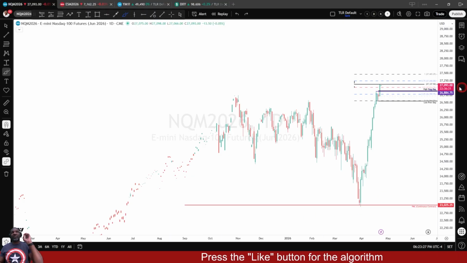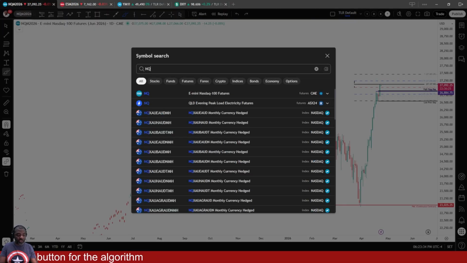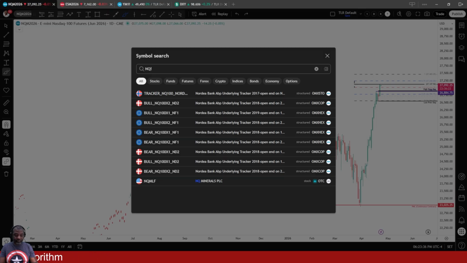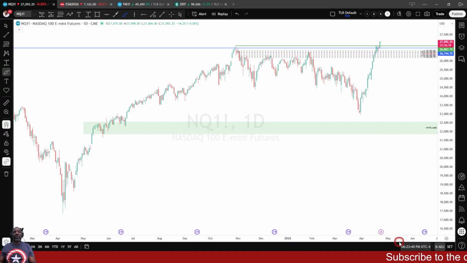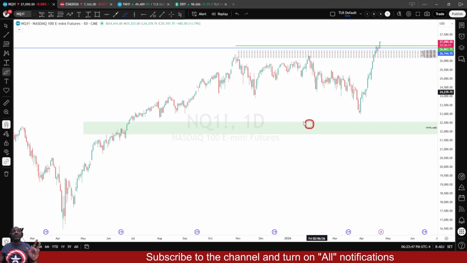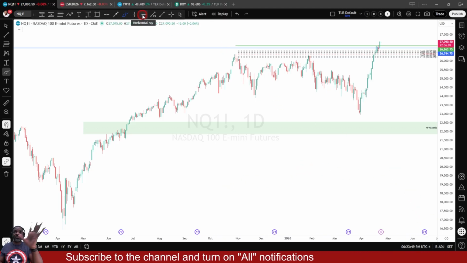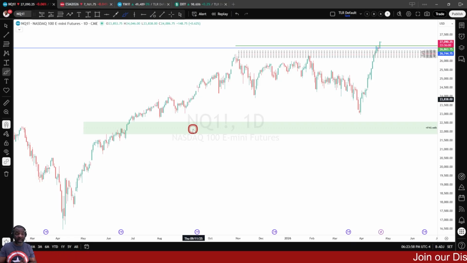Now, let's talk about that for a second before we move on. Let's go over here to the continuous contract, NQ1!, on TradingView. Now, if you turn B adjust off, that gives you the price points where these highs, lows, fair value gaps, everything was created during that time.